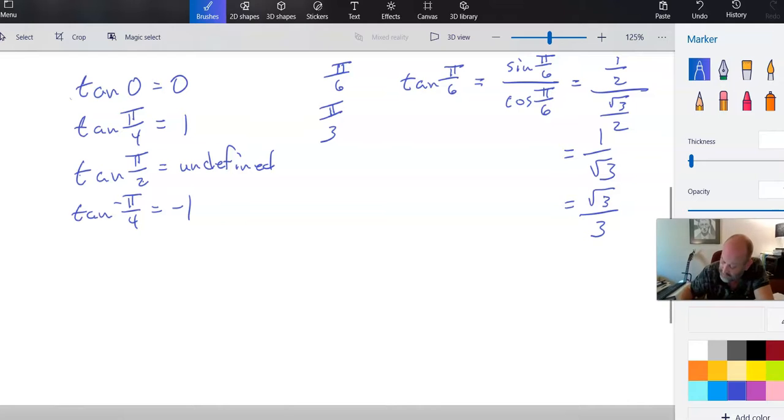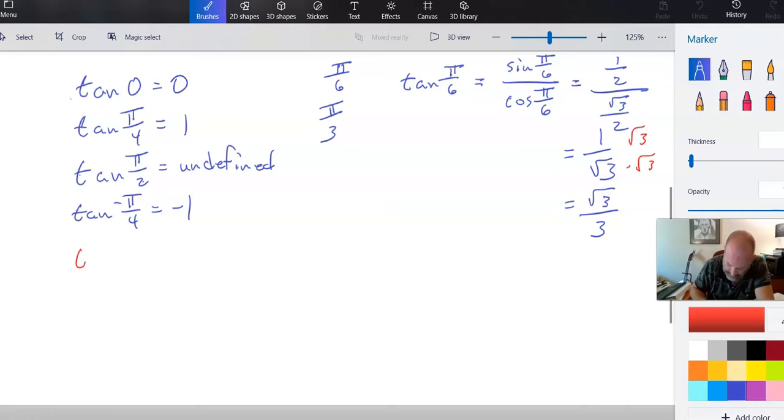Right? And rationalizing the denominator, just so we're clear on that, I just multiplied the top and bottom by root 3. That's one of the things we covered at the very beginning of the semester. So if you need to go back and look at that video again, go ahead and check out, I think it was the first video we did on simplifying roots and rationalizing denominators and stuff. So you probably want to check that out again if you didn't follow that. Okay, so we get root 3 over 3.